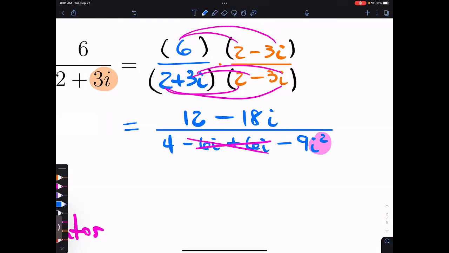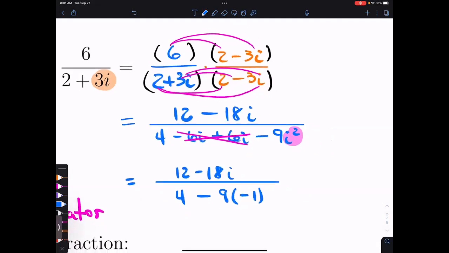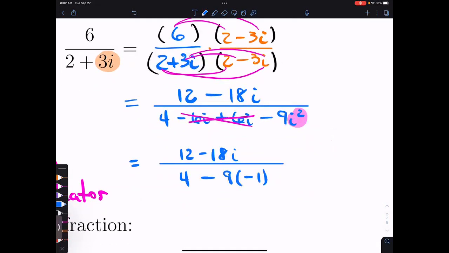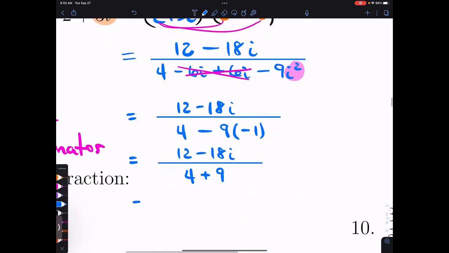So this becomes, not messing with the stuff in the numerator, just bringing that over, 12 minus 18i over 4 minus 9 times -1. Okay, well, that becomes 12 minus 18i over 4 plus 9, which is 13.